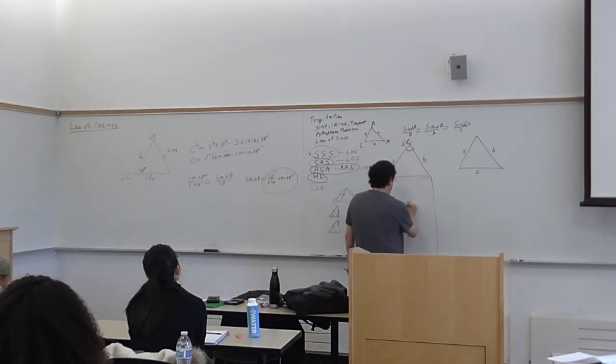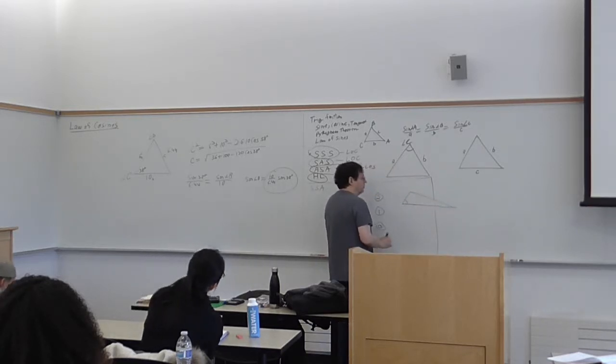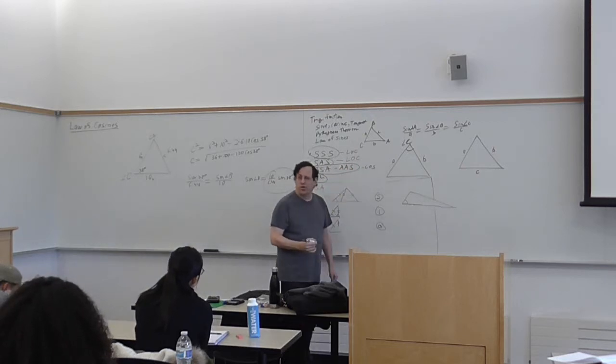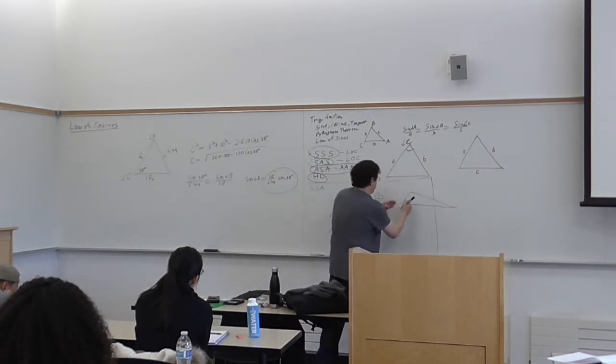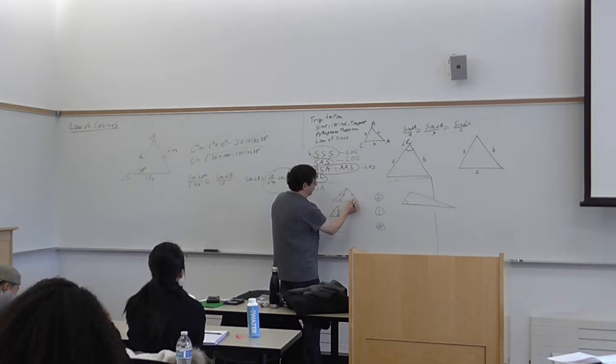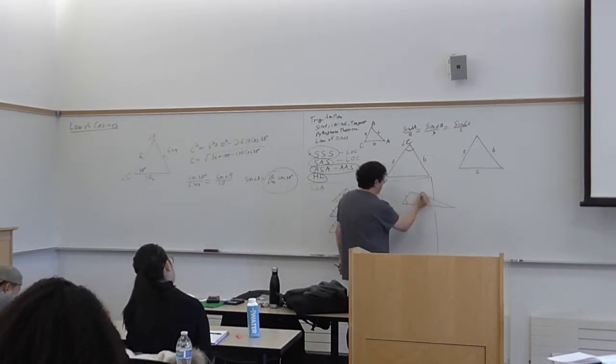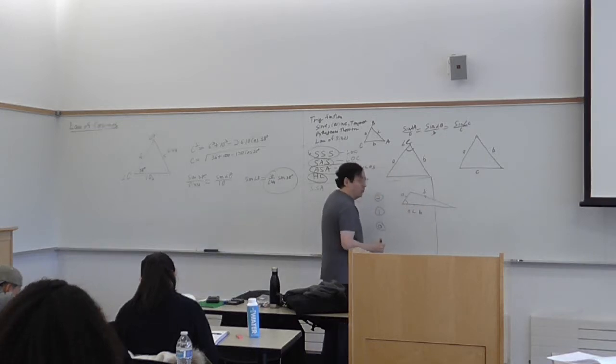What if you have some angle and the second side is longer than the first side? Well, then you just get one solution also. You can't do this trick where the side could go either way, and this angle could either be some value or a supplement. So that's something to keep in mind. In this case, if side A is less than side B, then you're only going to get one solution.